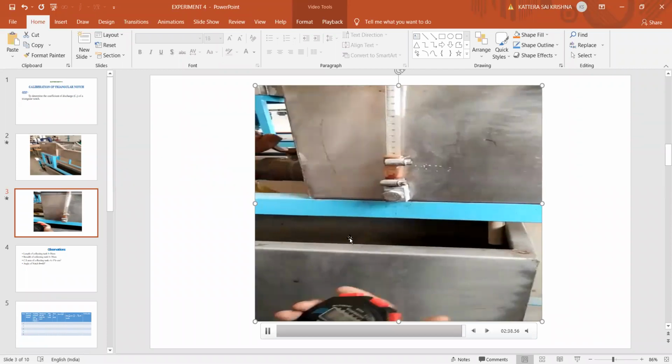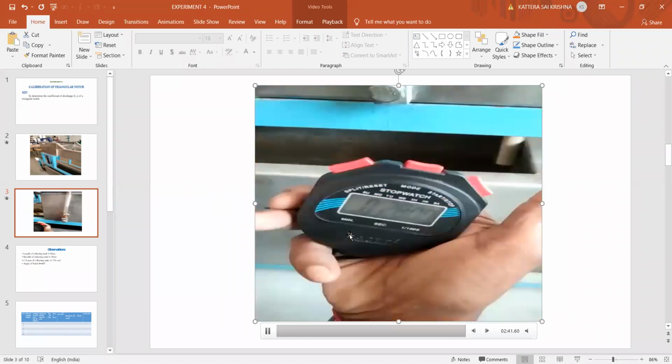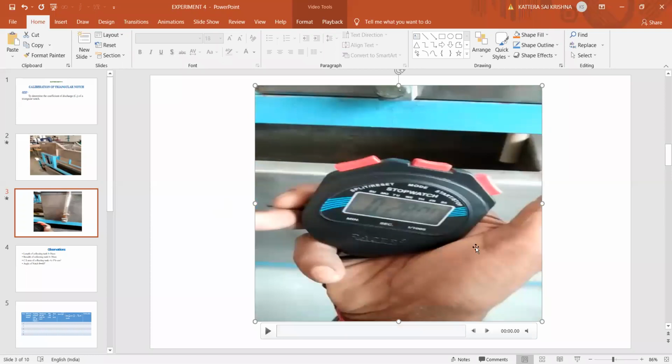Okay. So in this way, we are going to take the readings from our experimental setup.